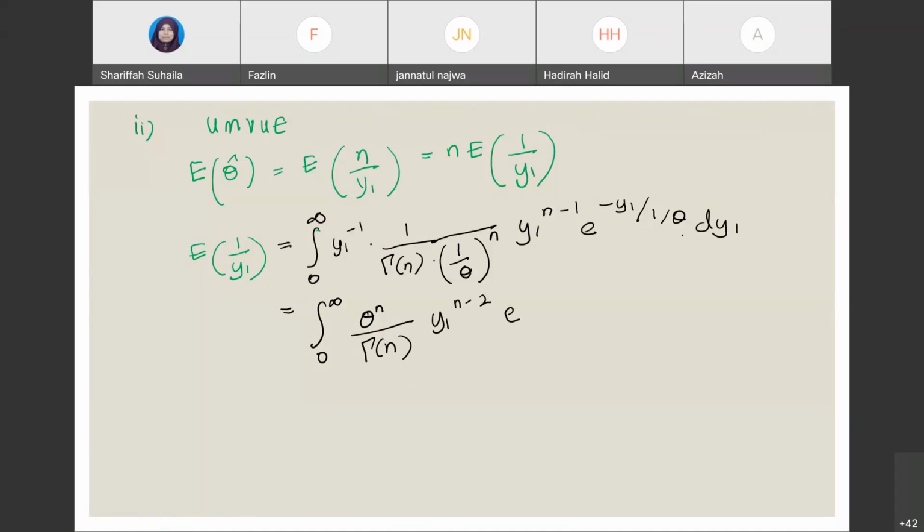Exponential negative y1 over 1 over theta, dia akan jadi exponential negative y1 theta, dy1. So kita dah ada bentuk macam tu. Sekarang kita nak selesaikan density function ni: from 0 up to infinity, theta to the power n over gamma n, y1 n minus 2, exponential negative y1 theta dy1.